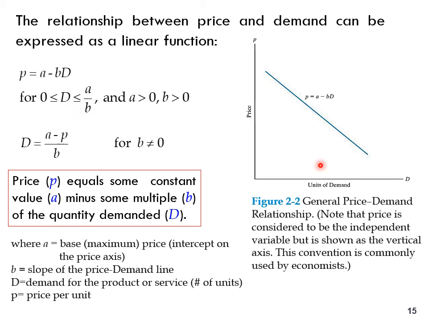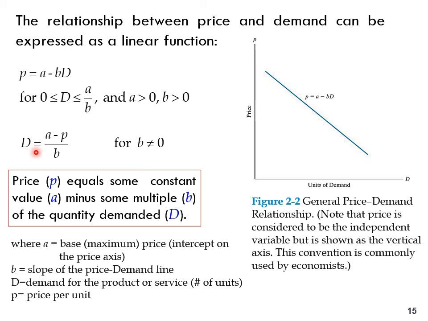This demand should be between 0 and A over B, and also A, the maximum price, should be greater than 0, and also B should be greater than 0. And using this, we can obtain demand as a function of price in this way, in which case B cannot be equal to 0.